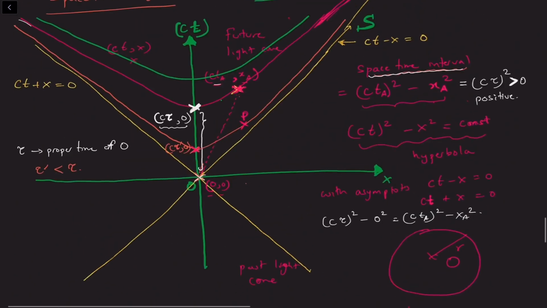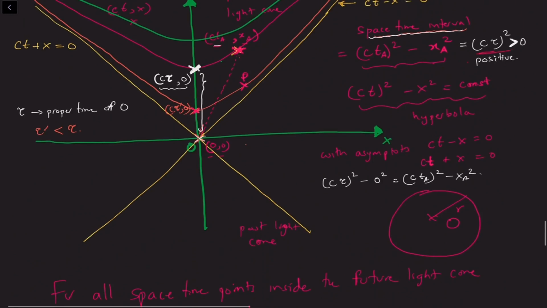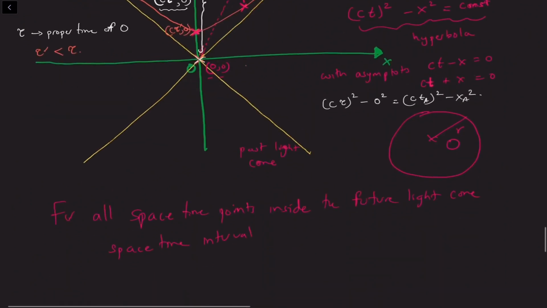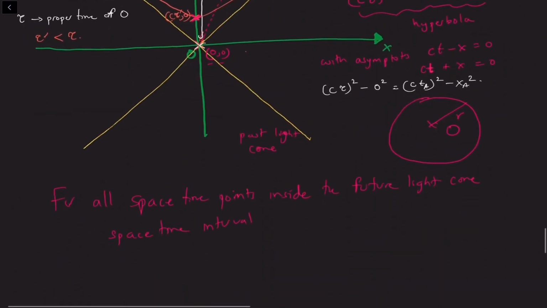And therefore, the space-time interval would be of this form. It would be c times whatever time tau you have over here. In this case, it would be tau prime squared. That would be the space-time interval, and that would be positive. So for all space-time points inside the future light cone, the space-time interval is positive.